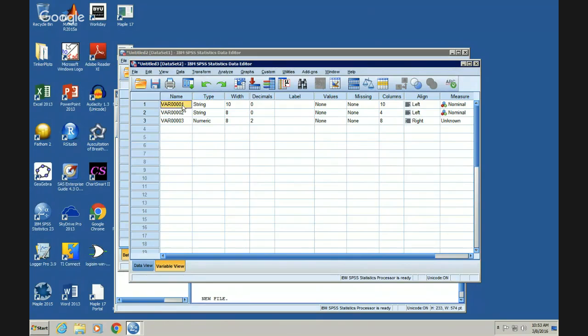Okay, so this is party. This is gender. And then this is count.